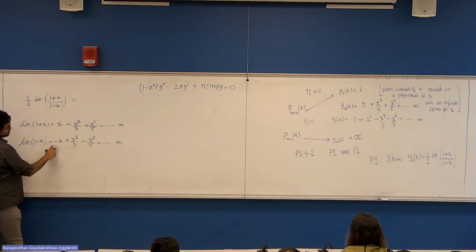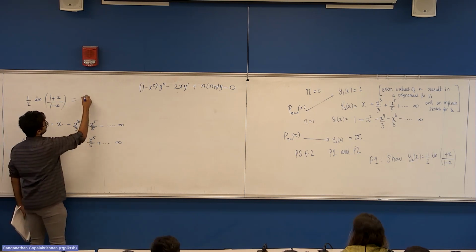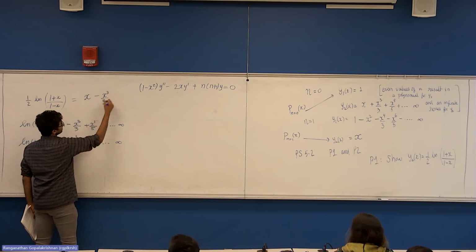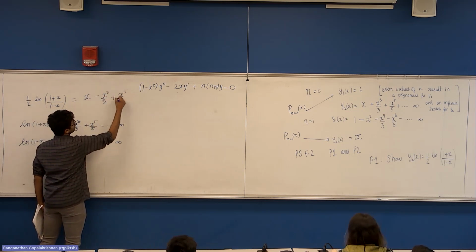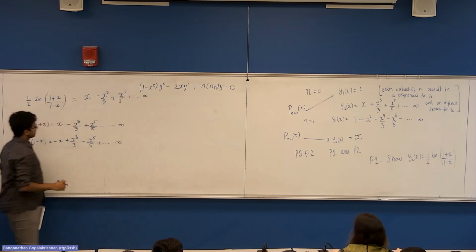I'm going to get 2x minus 2x cube plus x to the fifth. So I'm going to get x minus x cube over 3 plus x to the fifth over 5. Is this correct?